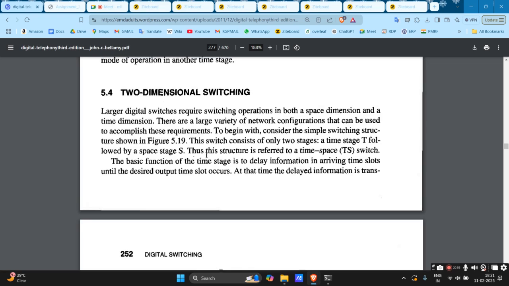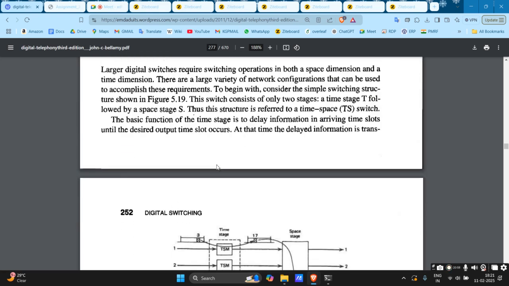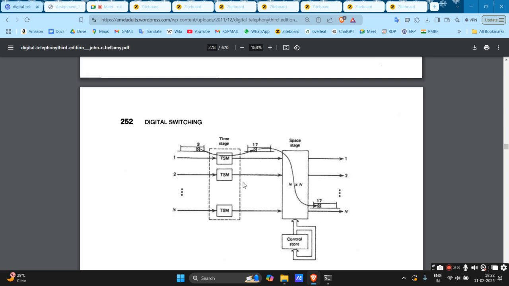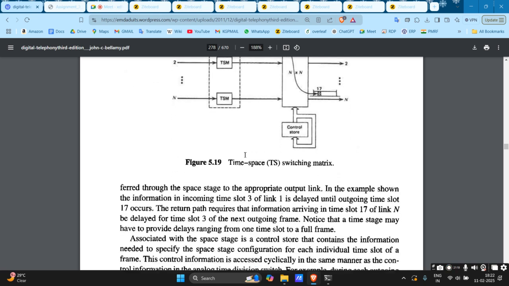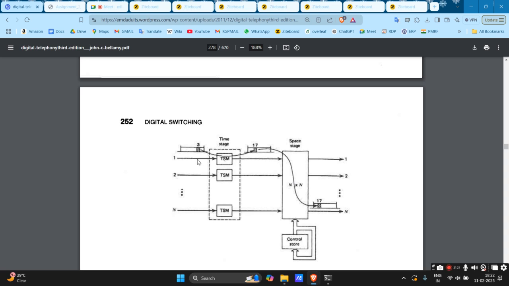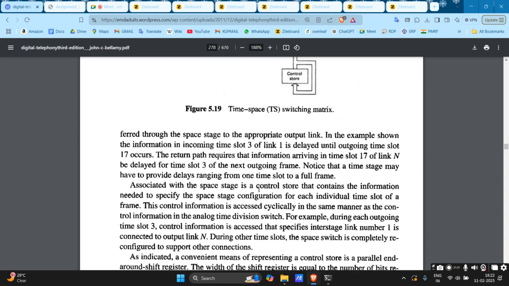So first coming to the TS switch or ST switch, this is called a time space switch. In a time space switch, you have some cross points. If you have n users, you have n cross n cross points, but each user's data is again transmitted using time slot multiplexing. So there is time slot multiplexing as well as space multiplexing.